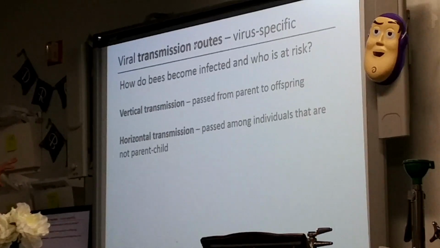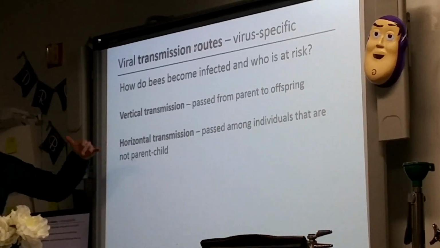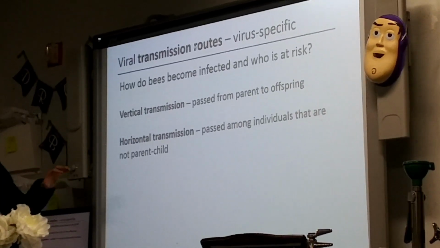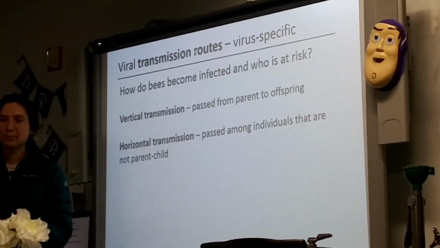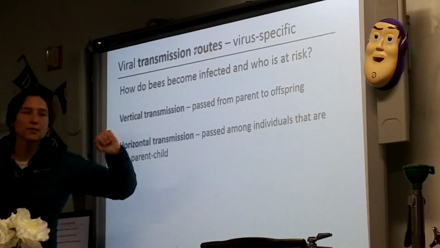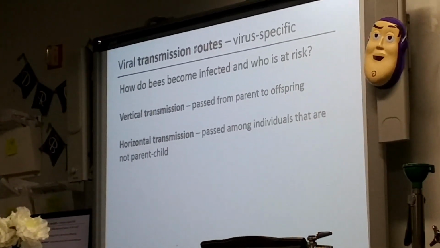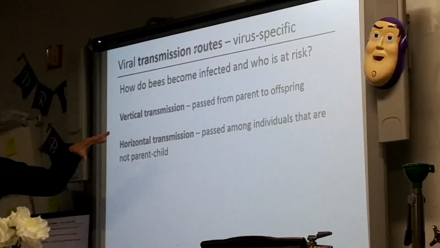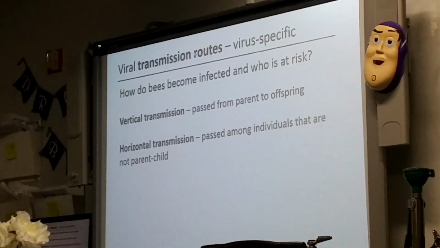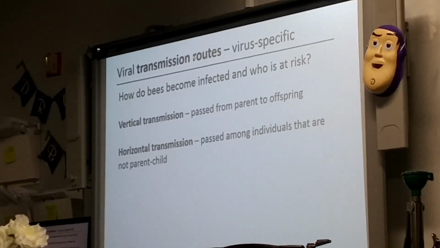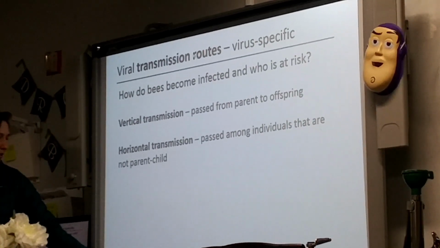There are two major types of transmission when we think about any virus and any organism, really. Vertical transmission, so top down, is when a parent infects an offspring. And then horizontal transmission is across. In our case, this would be transmission among individual worker bees. And this horizontal transmission is typically the type of transmission we're concerned with for honeybee viruses.